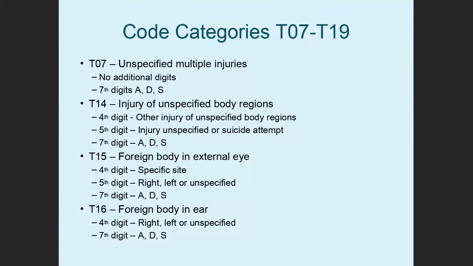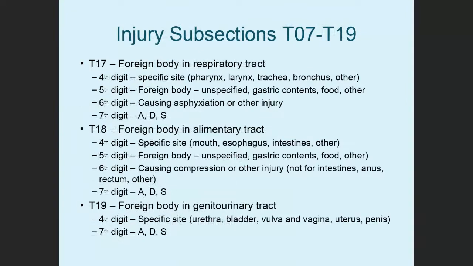T16 is foreign body in the ear. T17 is foreign body in the respiratory tract, and then it gets more specific as to where within the respiratory tract it is. T18 is foreign body in alimentary canal. T19 is foreign body in the genitourinary tract, and we'll talk about those more later.